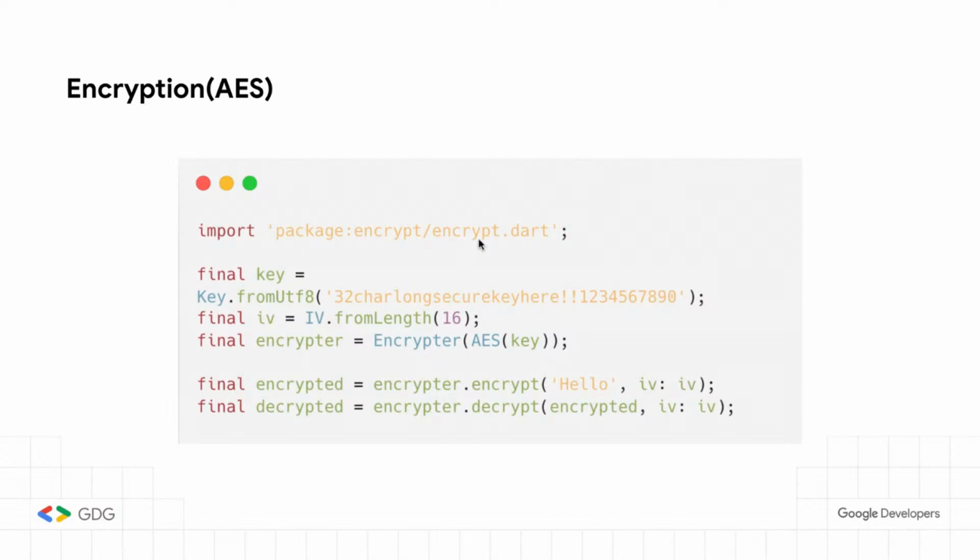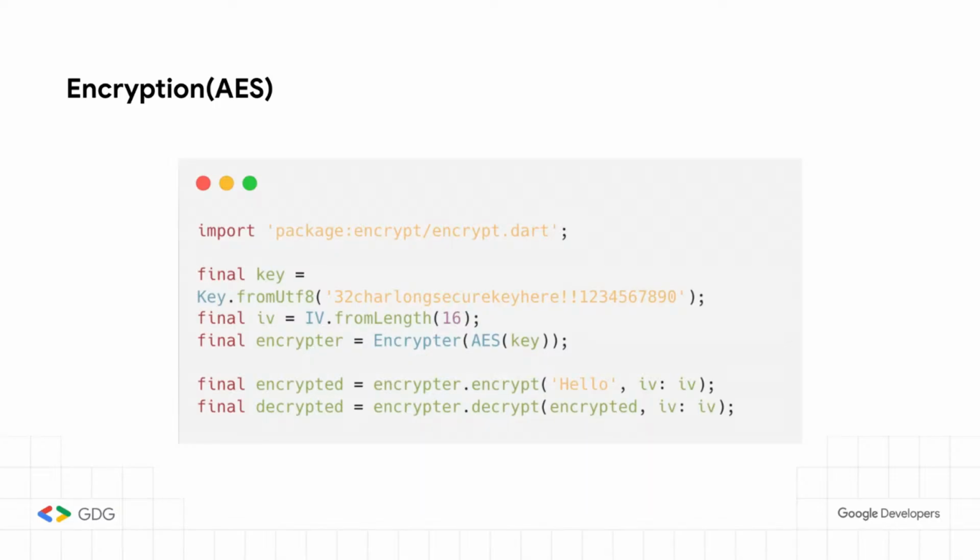We are going to use the encrypt plugin, a package to encrypt the data. And where can we use this? Previously I said that we will be storing the user's sensitive data, like the passwords.